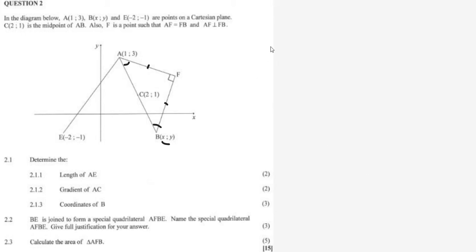So let's do the computing by just substituting into the distance formula, which says AE is equal to the change in y, so we're just going to subtract the y of this and the y of this. We start here: -1 minus 3, all squared, plus the change in x.